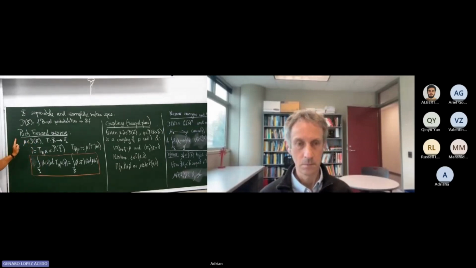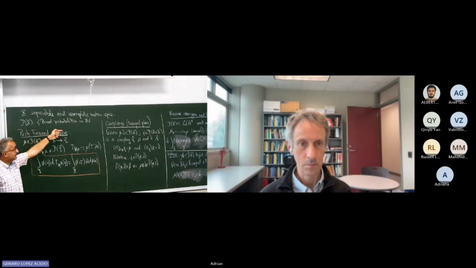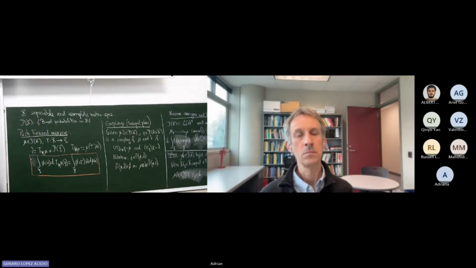this is to recall what we did last week, the main notions. We typically are working on a separable and complete metric space, which is a Polish space. Sometimes just separable, but in general, separable and complete.